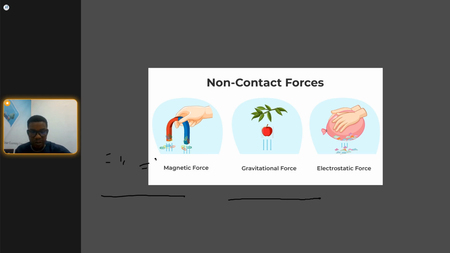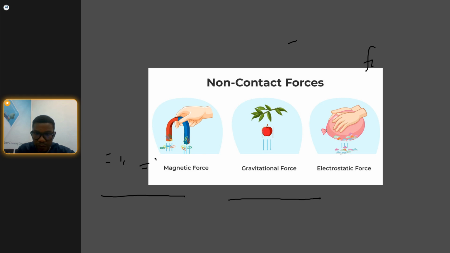We have electrostatic force. So when we have a situation where motion occurs when force is applied, but there's no physical contact between the two objects or between the two bodies, then we say we have a non-contact force, or field force.